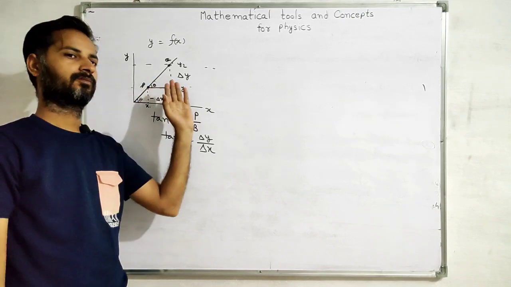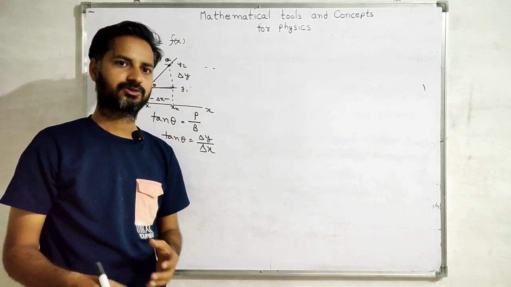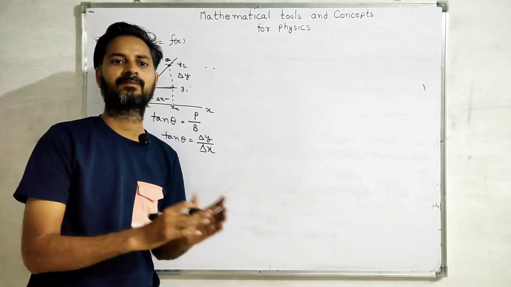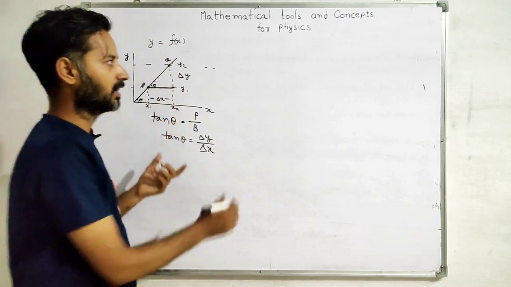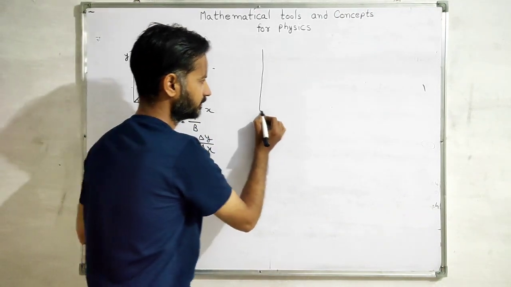By this we can get the slope. But here the slope is constant. It is not changing at any point. But what if this function has a graph or curve like this?